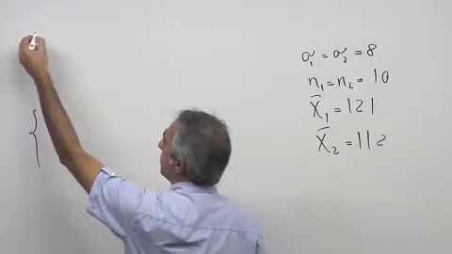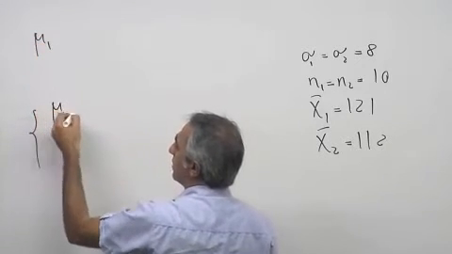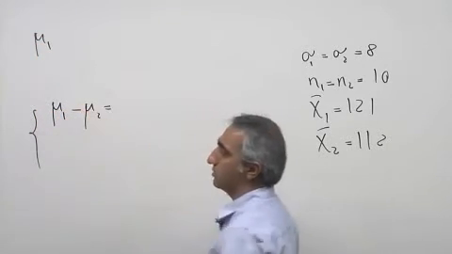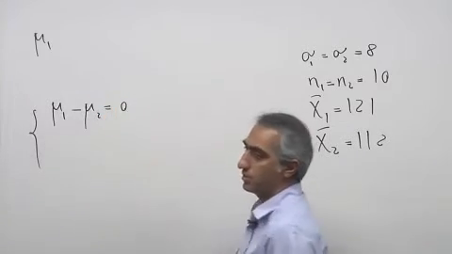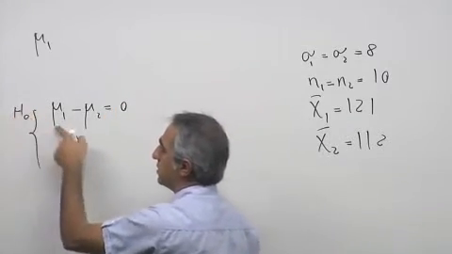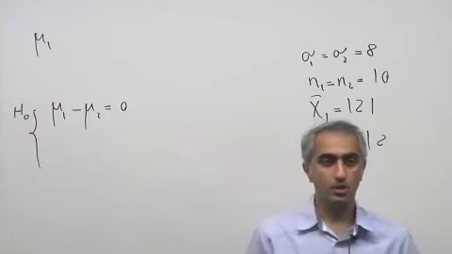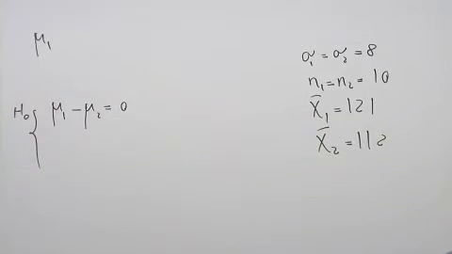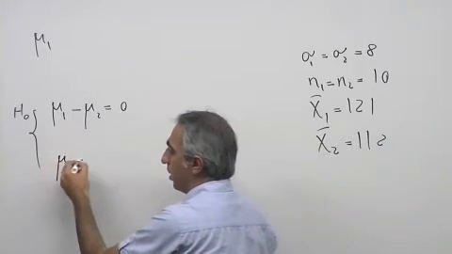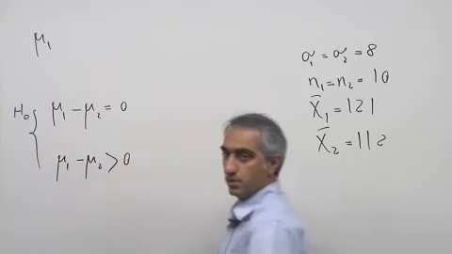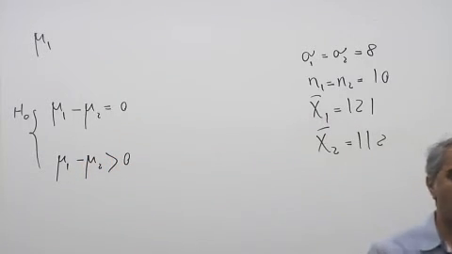So let's say mu1 is without ingredient, mu2 is with ingredient. So this should be 0 for h null, which means there is no difference between these two, and H null says it's not effective. How about H alternative? Should be less than, greater than, or unequal. So mu1 minus mu2 should be greater than 0. In this case, I can say it's effective because the drying time is smaller for the second population with ingredient. Okay?